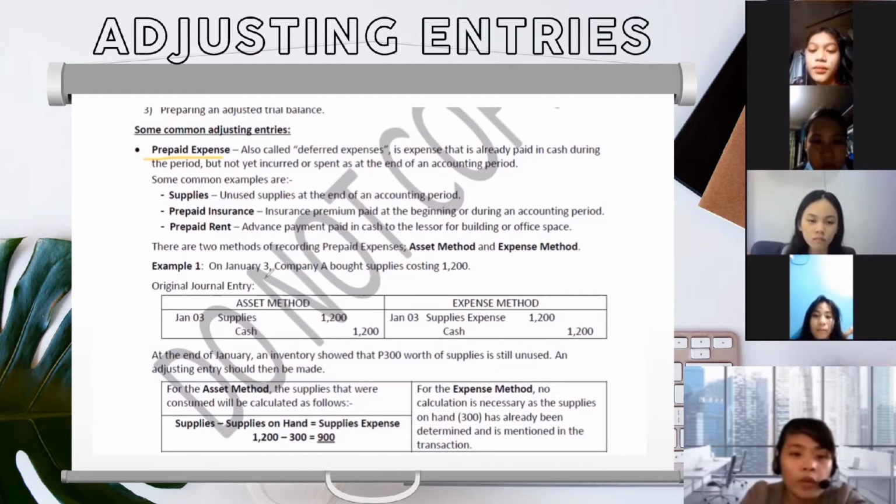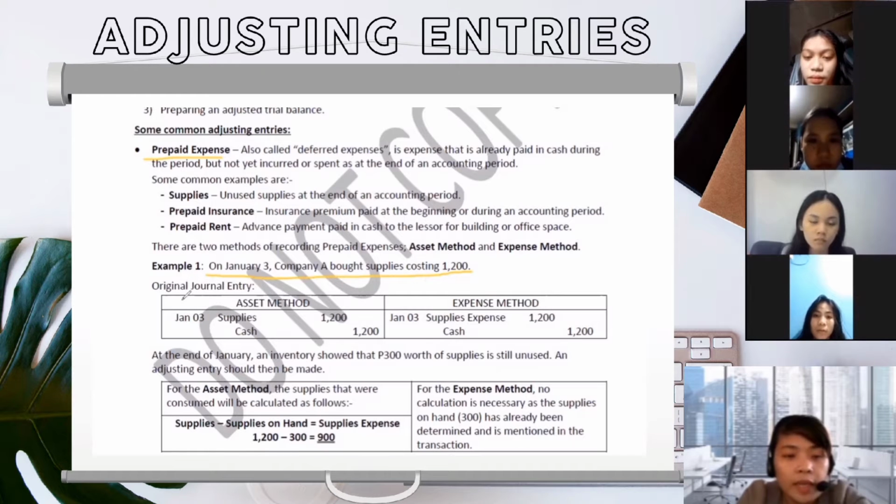So, for example, on January 3, Company A bought supplies costing 1,200 pesos. In the original entry on January 3, you record supplies 1,200 and cash 1,200. But then, the books closed at the end of the month, as you can see here.